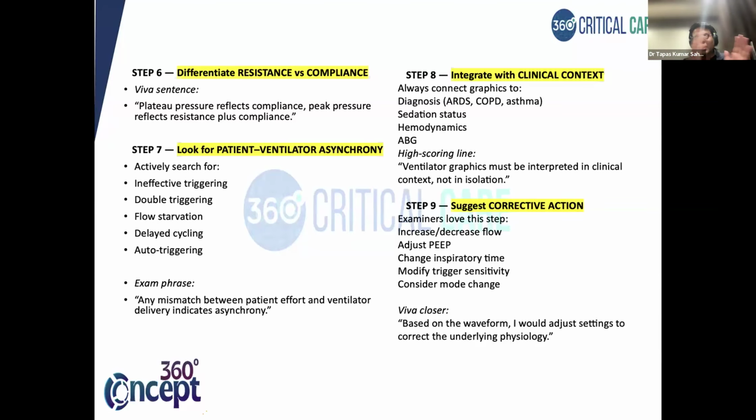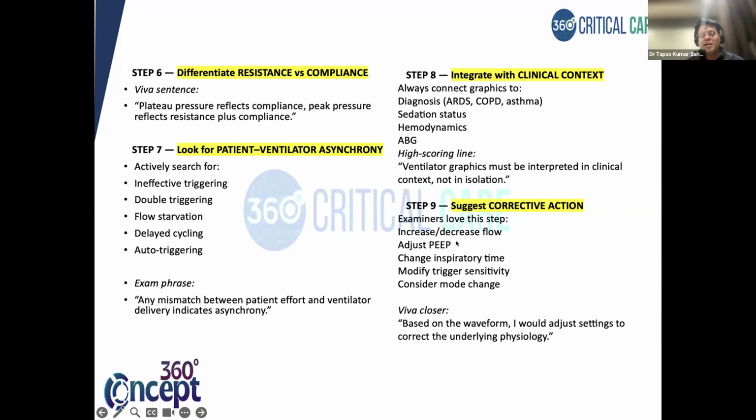Your movement of the head would convince the examiner that yes, this candidate has worked at the bedside and has done it, not only advised, or had the respiratory therapist or senior doctor do it. So examiners love this step.